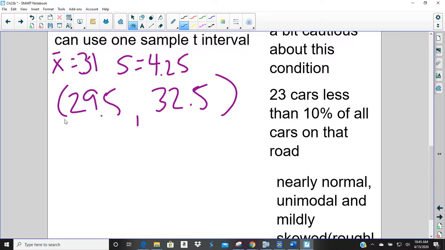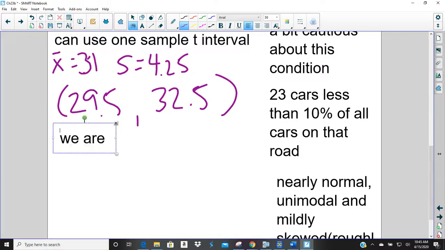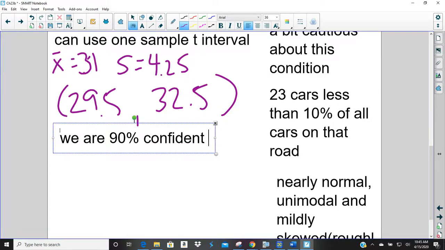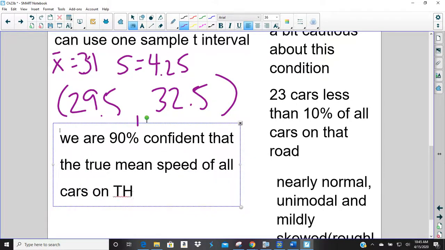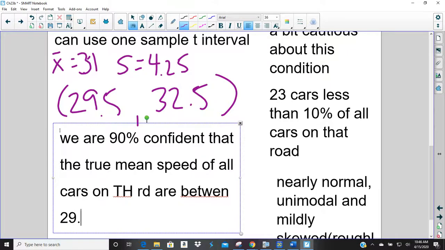I'm going to write it. We are 90% confident that the true mean speed of all cars on Trip Hammer Road is between 29.5 and 32.5 miles per hour.